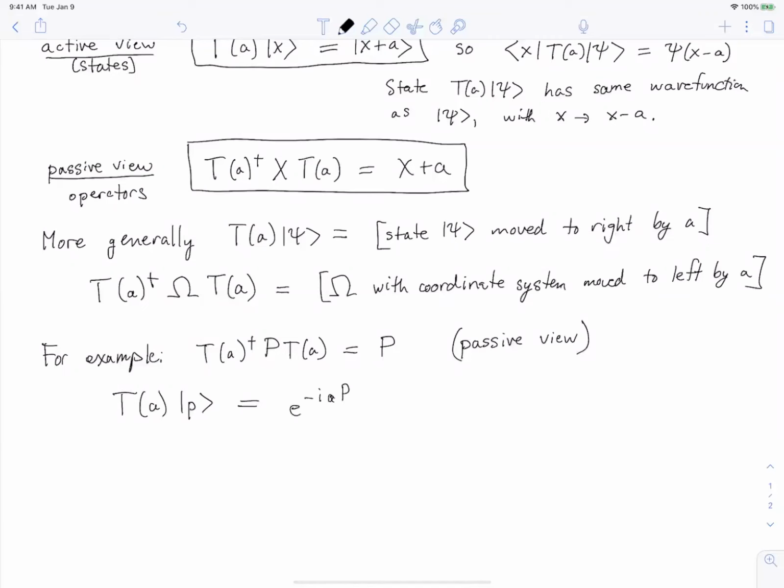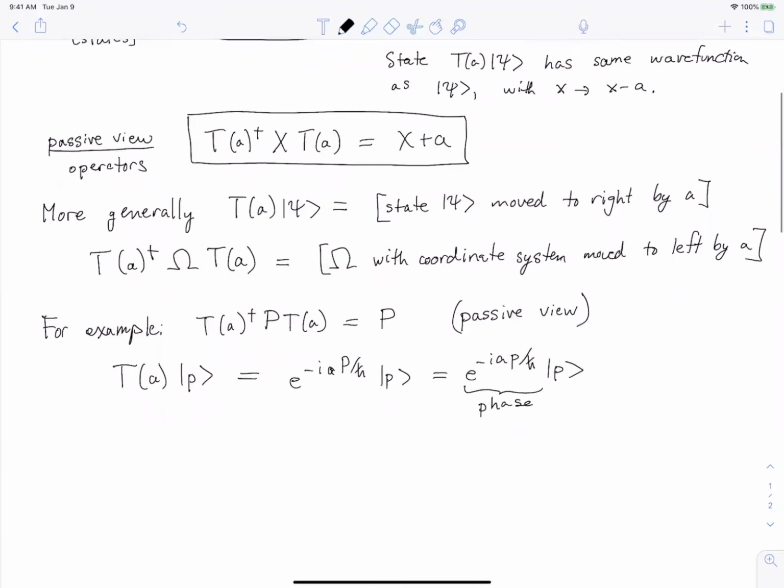I'll write it operator first, but now the operator turns into a number. Okay, and that number is in fact just a phase. So it's not affecting what the state is really. And so this is the active view of how things work in a momentum eigenbasis.